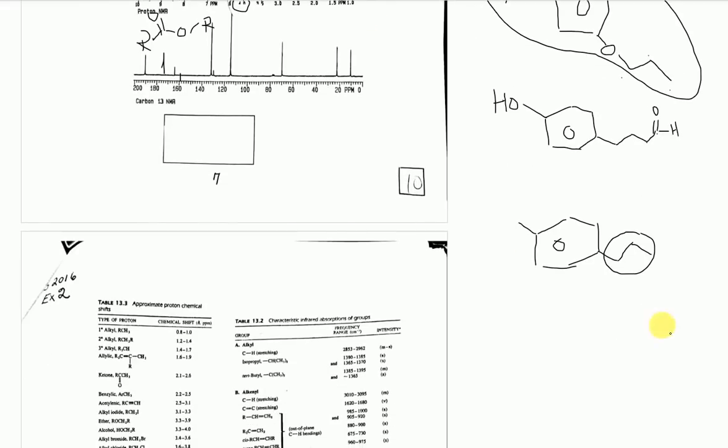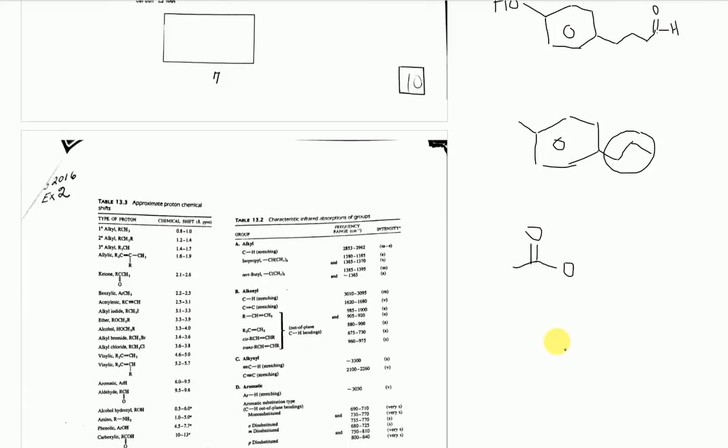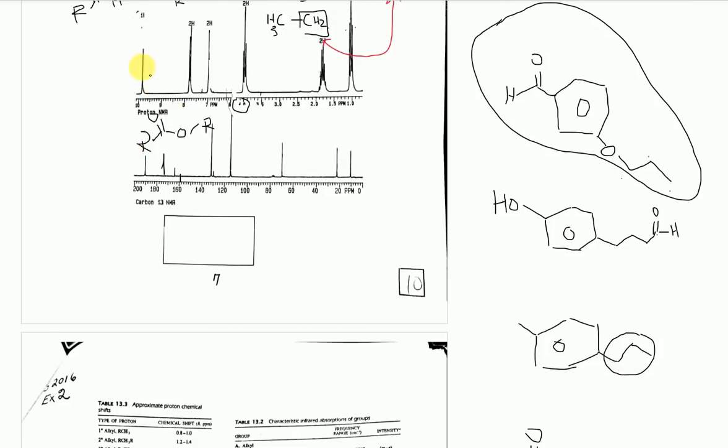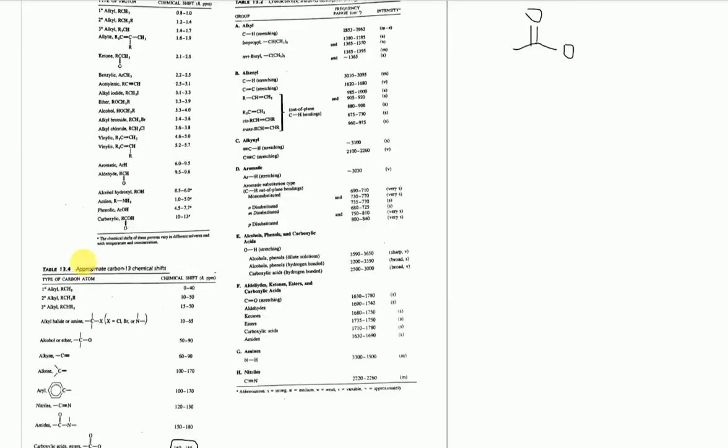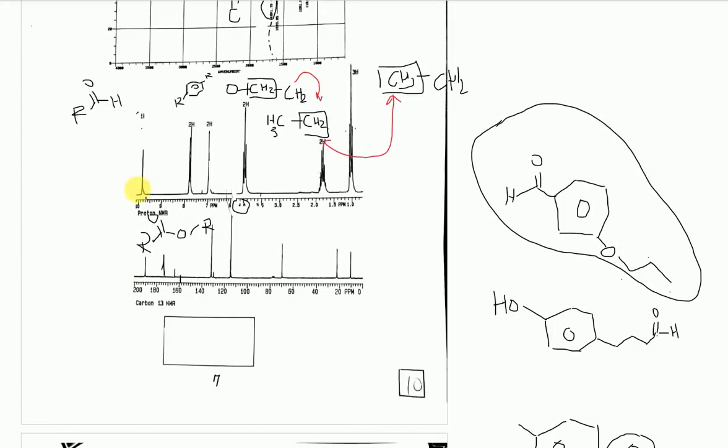And so I can't do that while also trying to get an ester, and we already know that our carbonyl is within an aldehyde. So it just becomes impossible that we have an ester, because we already have the aldehyde structure proven to us by the proton NMR. And the C13 NMR is not going to give us something contradictory to that. So this is for sure our structure.